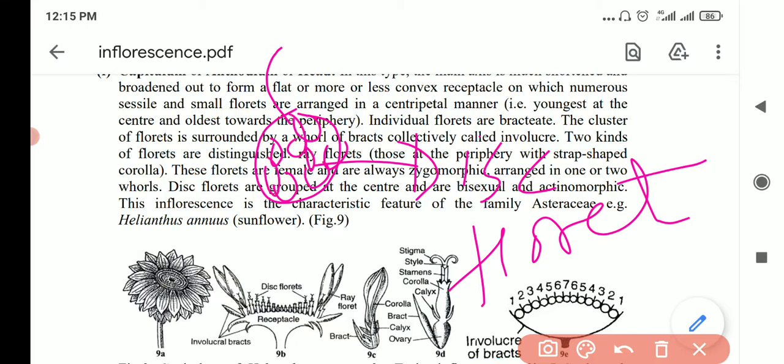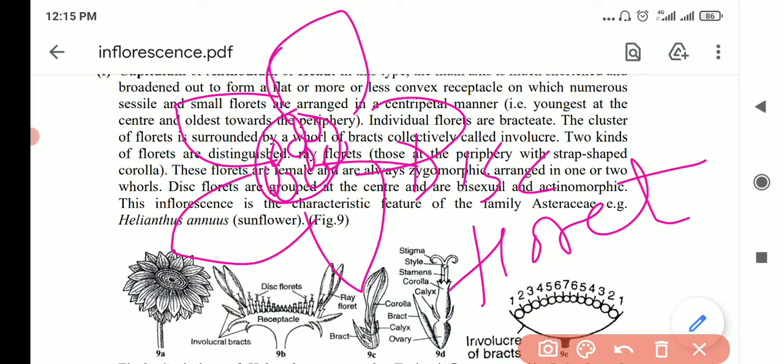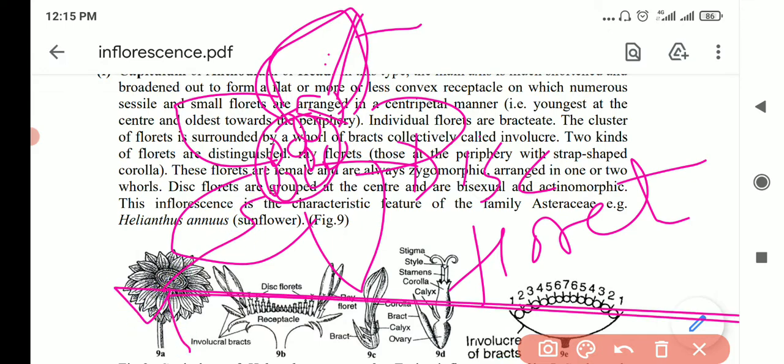Okay, and then what else does the sunflower have? It has those surrounding petals that appear to be like petals. Now these petals are also flowers. Why? Because they have a calyx, they have a corolla, and you know what? They have a gynosium in them. Some of them may have only androsium, some will have only gynosium, or some of them are sterile.